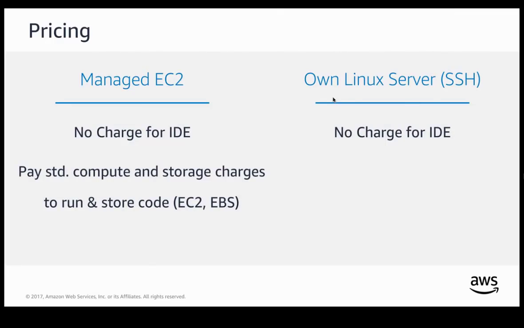For using managed EC2 environments, we don't charge for the IDE, and you pay for the standard compute and storage costs. So it's the cost you usually pay for an EC2 instance. And for running SSH environments, there's no charge for the IDE, so it's entirely free.